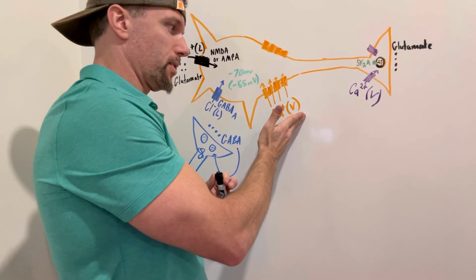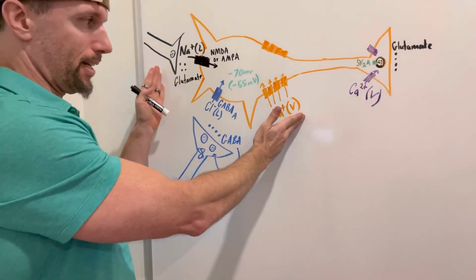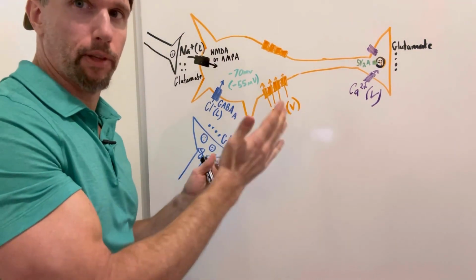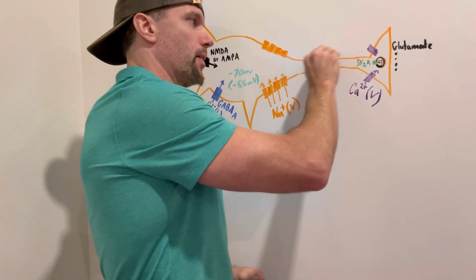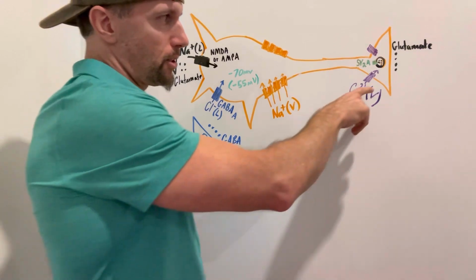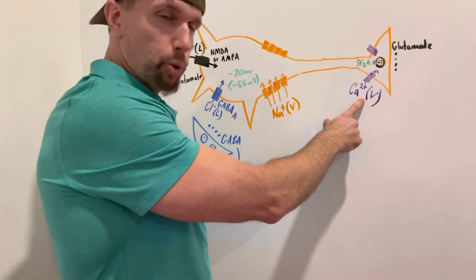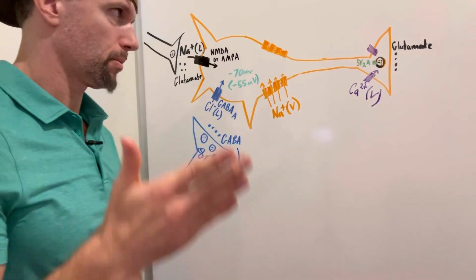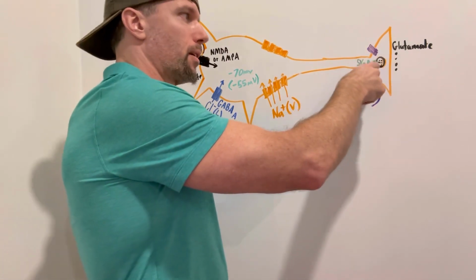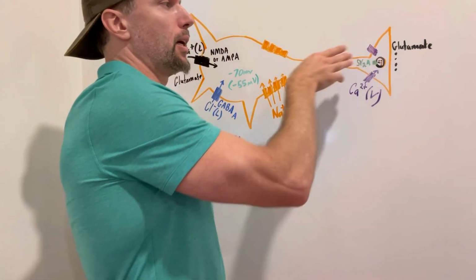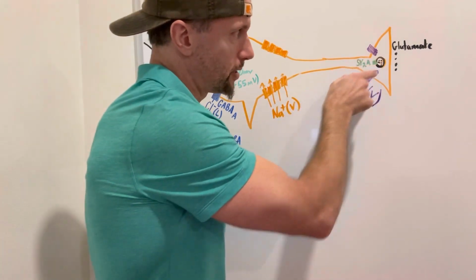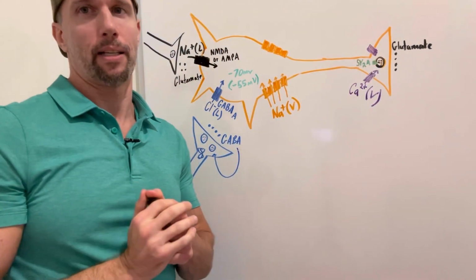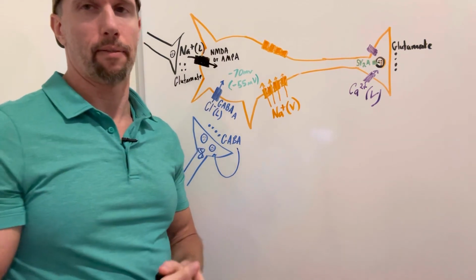So it's a voltage-gated sodium channel instead of a ligand-gated sodium channel. It's really important to realize the difference there. That'll propagate the action potential down the axon. When it gets down to the terminal, it's going to open up voltage-gated calcium channels. Calcium is going to rush in, interact with the vesicle, and cause that vesicle to merge through exocytosis and release the neurotransmitter glutamate into the synaptic cleft, and then you have an action potential.